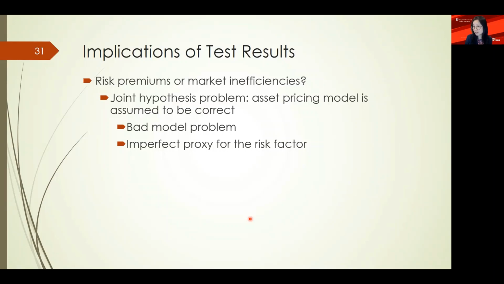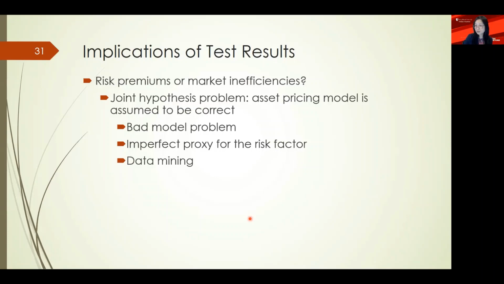We don't have an index that incorporates everything that's tradable. So we always use imperfect proxies for the risk premium or the risk factors. We could have a misrepresentation or tracking error that caused the emergence of alpha, which may simply be due to a bad proxy. So that's a second potential criticism or alternative explanation to the results.